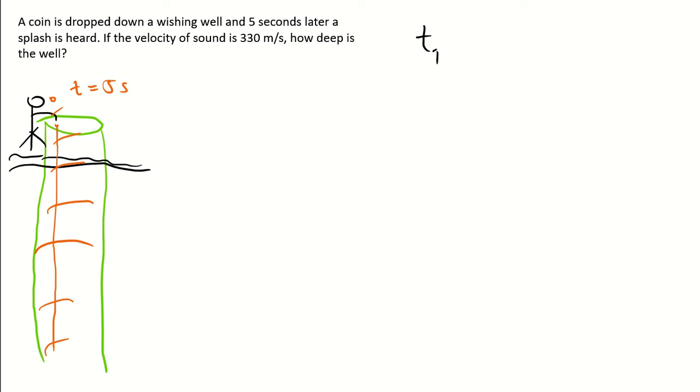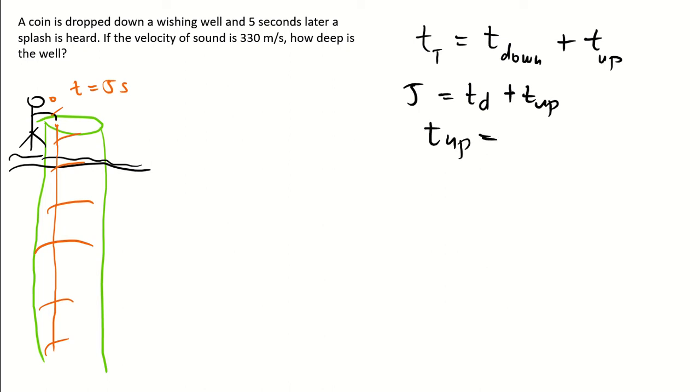The total time is equivalent to the time drop down plus t up. Okay? So, this is equivalent to 5, t down plus t up. So, t up is equivalent to 5 minus t down.